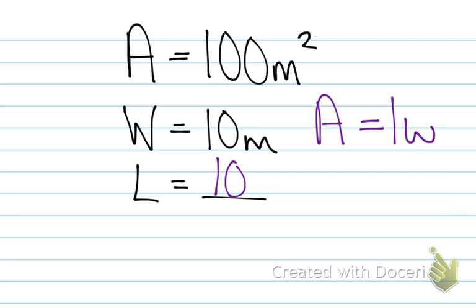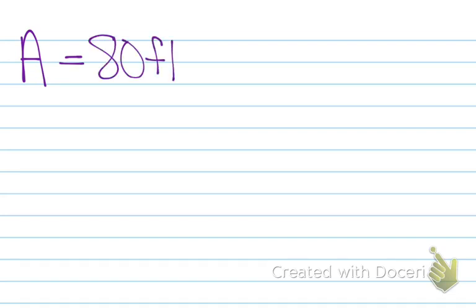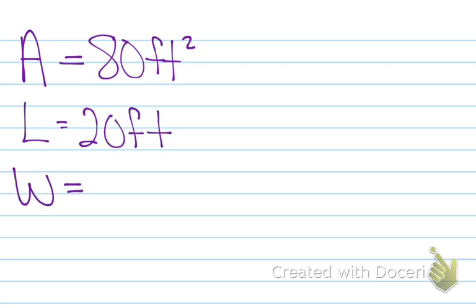All right, let's do another one. This is really important so we can actually do example 4. Now my area is, let's say, 80 feet squared, and my length is 20 feet. What's the width?